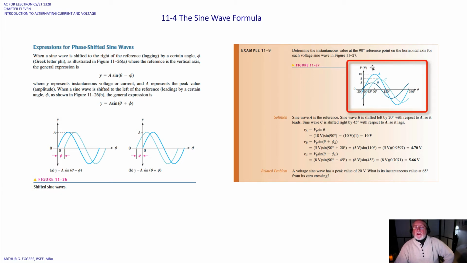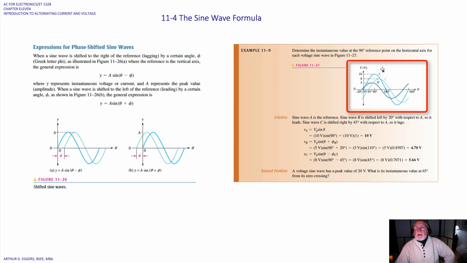If we look over here to the right, determine the instantaneous value at the 90-degree reference point on the horizontal axis for each of the voltage sine waves. You can see here we've got A, B, and C. Each of them has a different amplitude and a different phase shift.